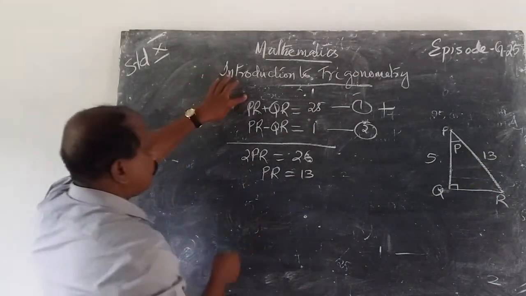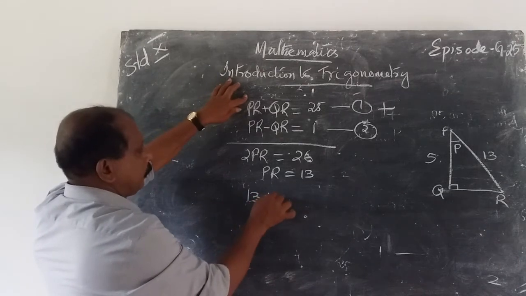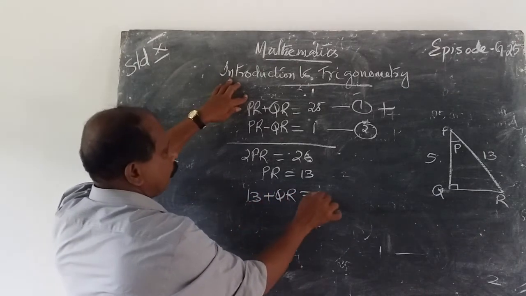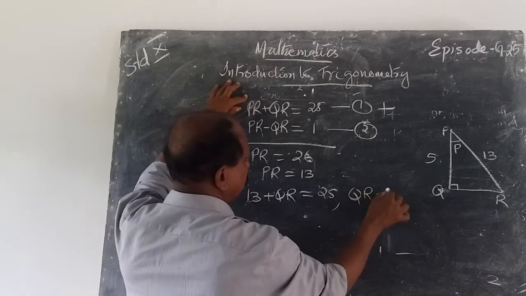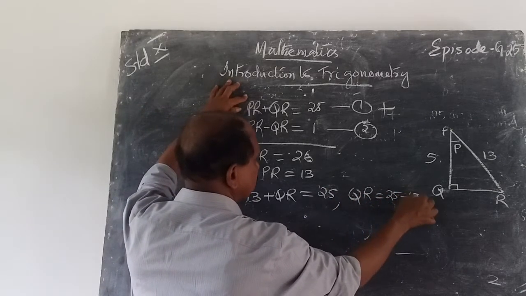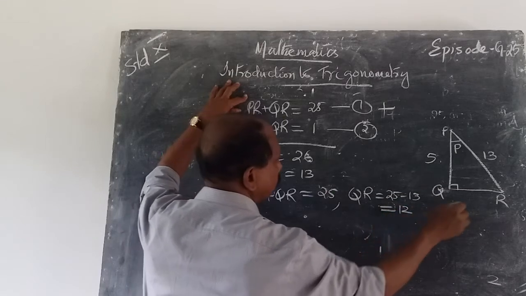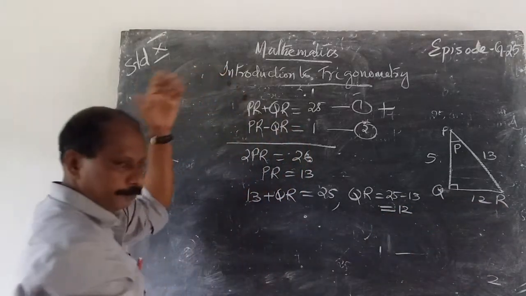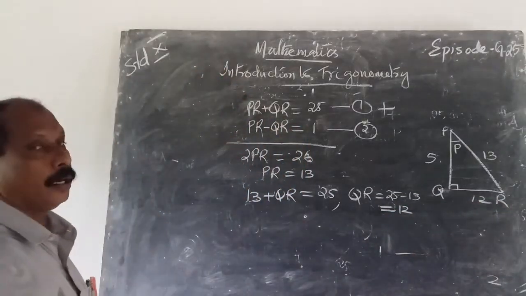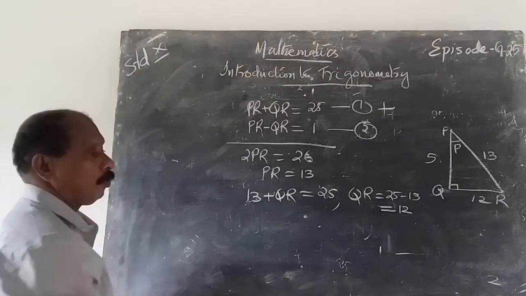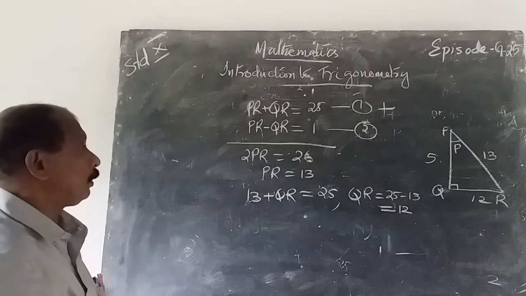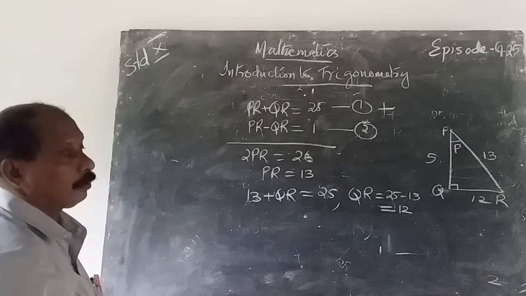Then 13 plus QR is equal to 25. Therefore, QR is equal to 25 minus 13 is equal to 12. Therefore, we get the lengths of the sides: QR 12, PQ 5 and PR 13.